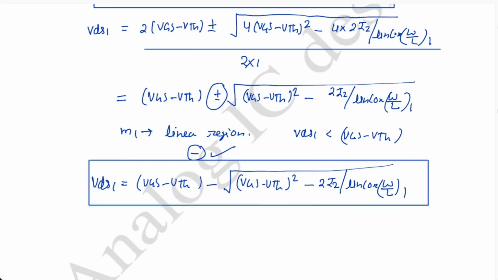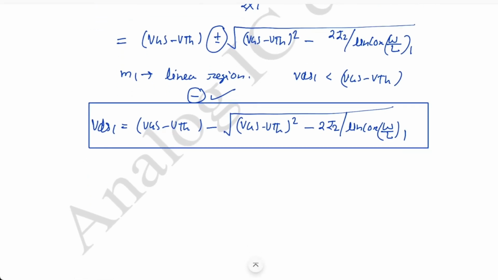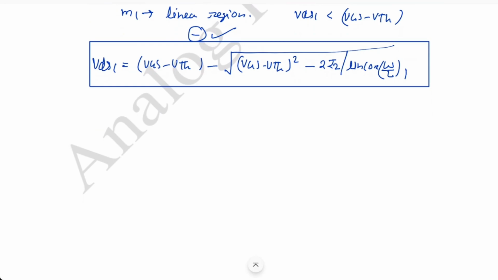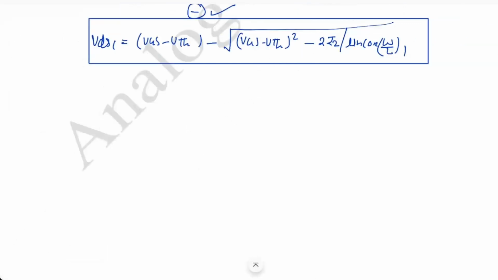So this is the value of VDS1. This will always be the VDS1 because NMOS is in linear region, so this is correct.